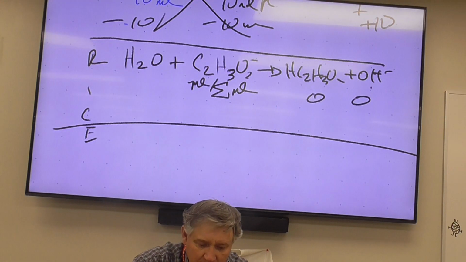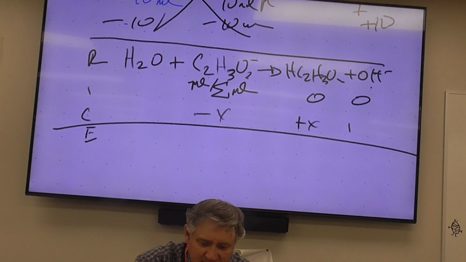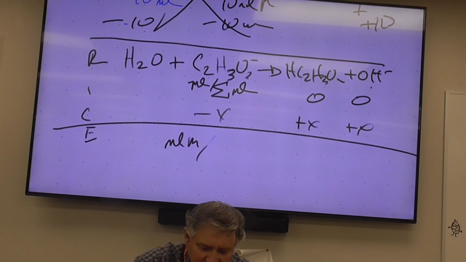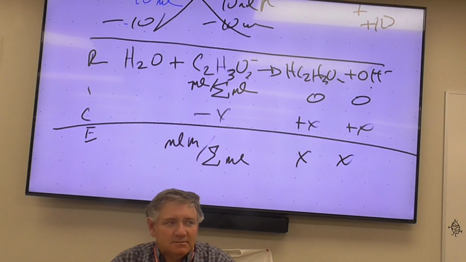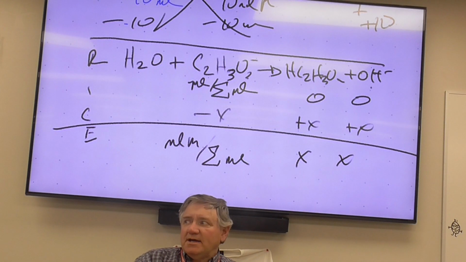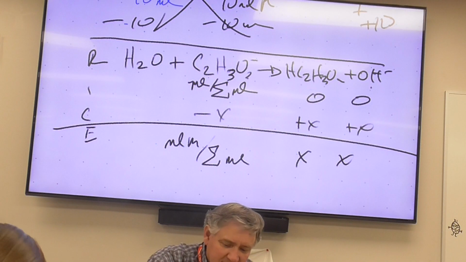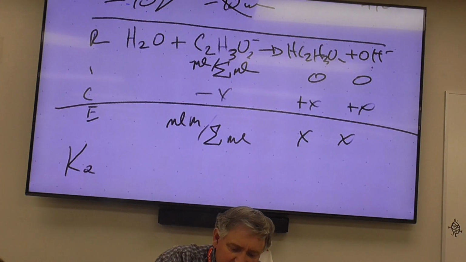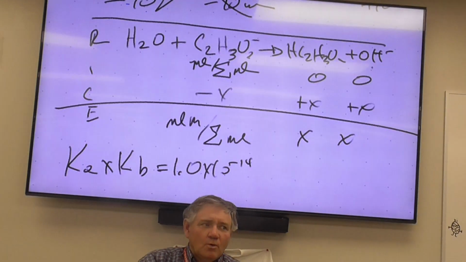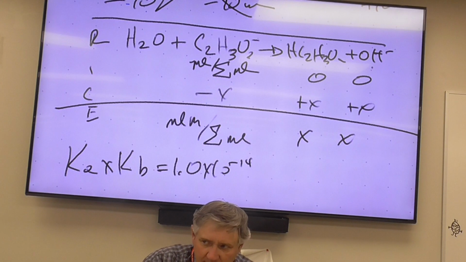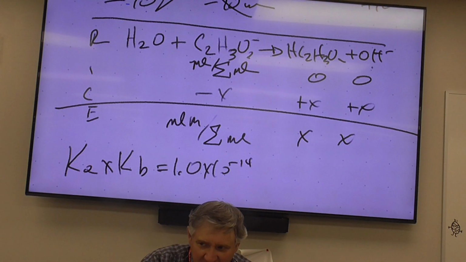Zeros. Minus x, plus x, plus x. So this is going to be the number of millimoles divided by the sum total of the number of milliliters, x. Because it's acting as a base, what do you have to find? Kb. And that's easy to do because your Ka times your Kb equals 1 times 10 to the negative 14th, which is Kw. Okay? Cool with that? Yep.